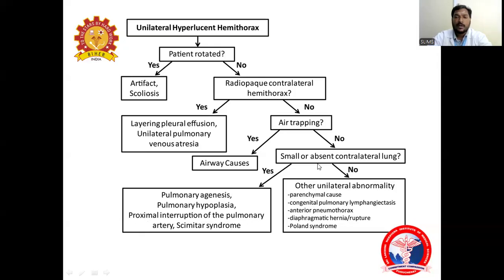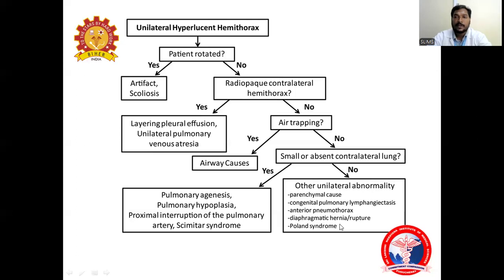If the small or absent contralateral lung pathology is ruled out, then we have to look for other unilateral lung abnormality causes. That includes parenchymal causes, congenital pulmonary lymphangiectasia, anterior pneumothorax, diaphragmatic hernia or rupture, or Poland syndrome.